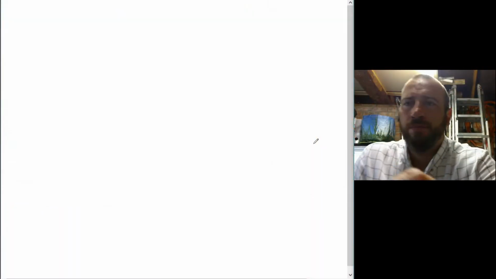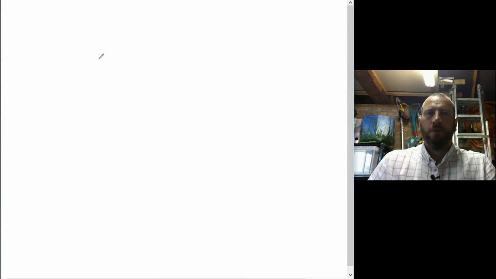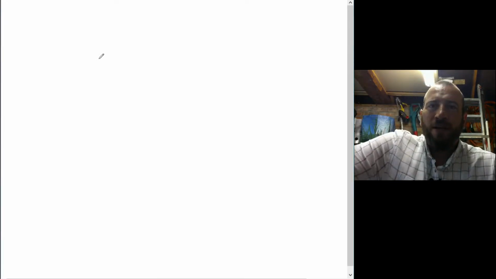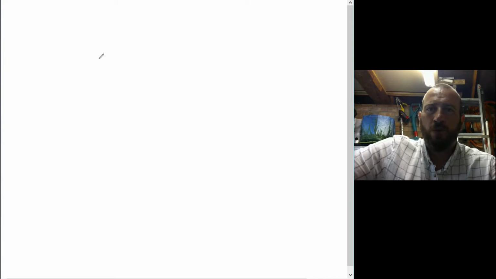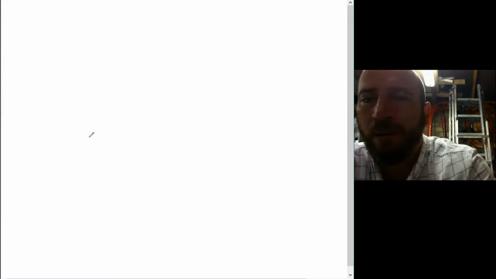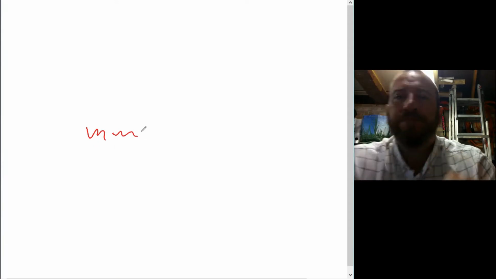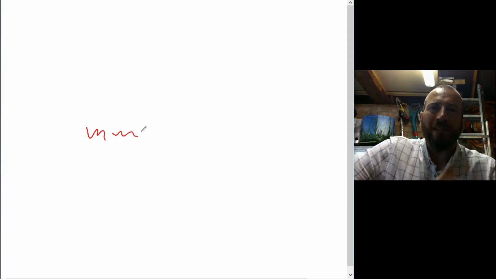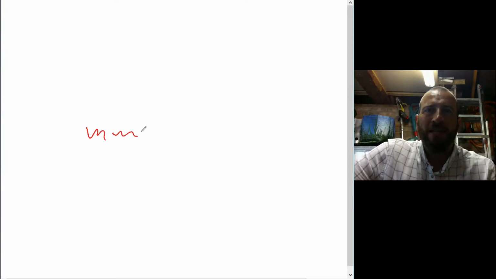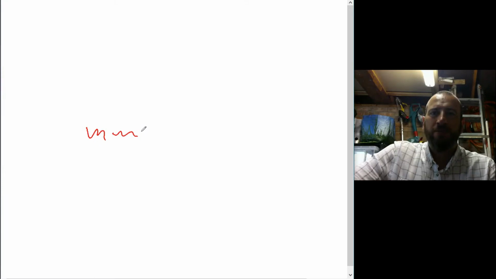Let's have a bit of a closer look at this one. If you've ever measured something with a ruler, you will have used millimeters. Now, meter is the unit. Milli is the SI number.